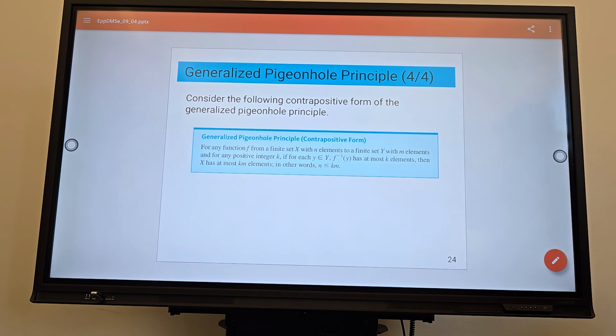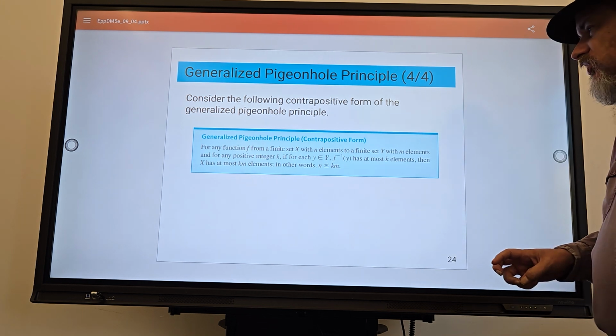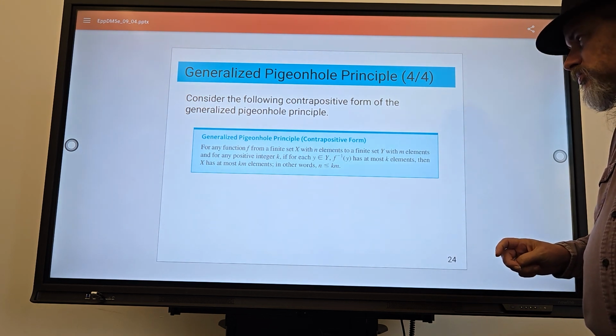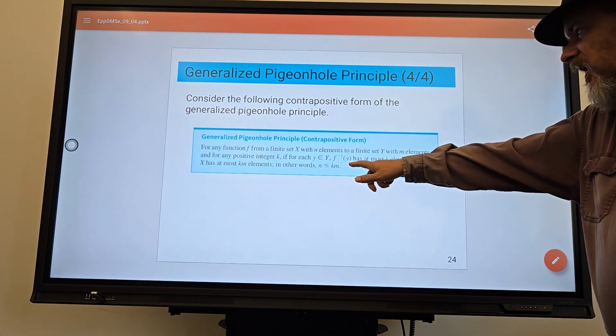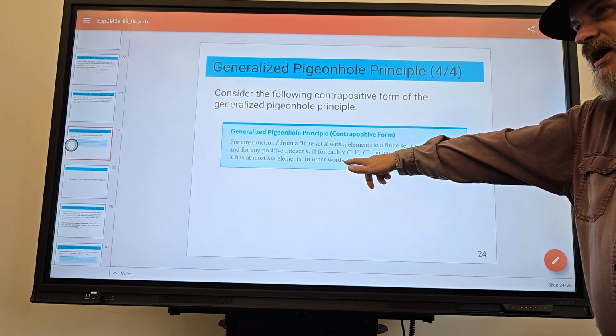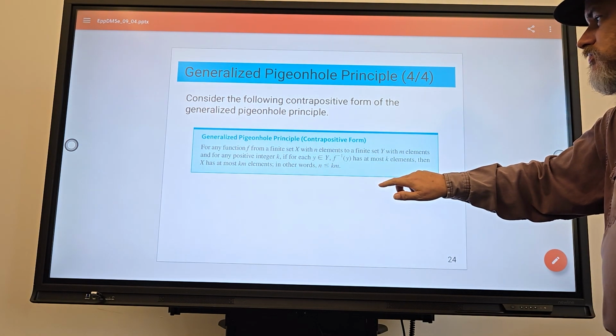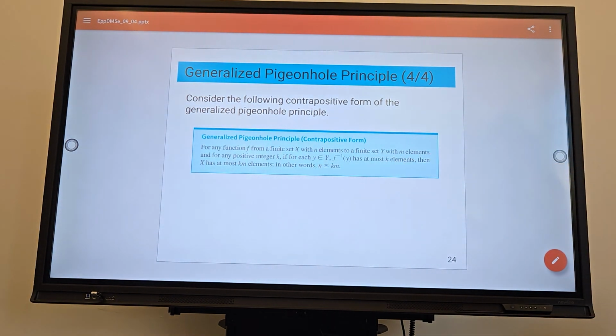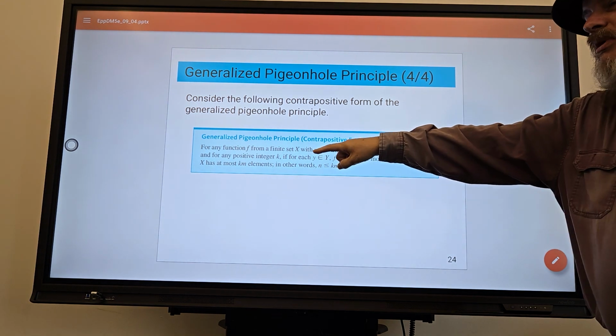So if the inverse function has a certain number of elements, maximum, for each value of little y, then X can have k times m elements.